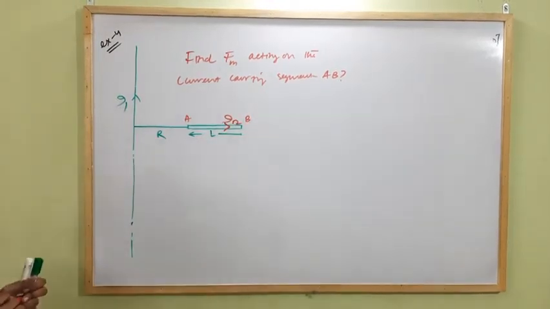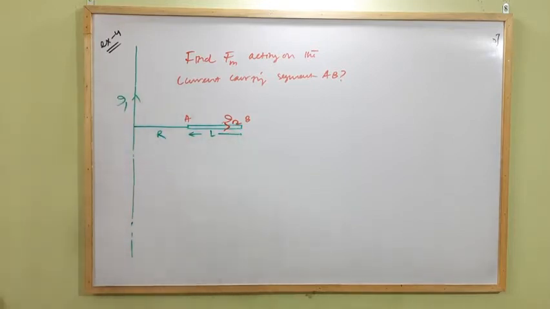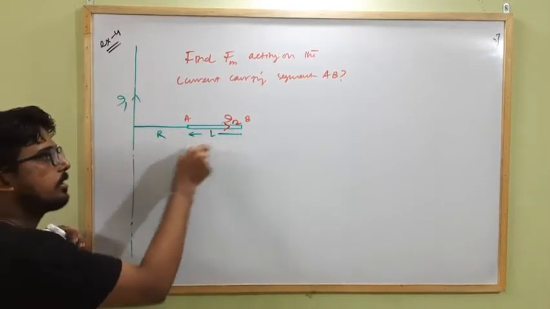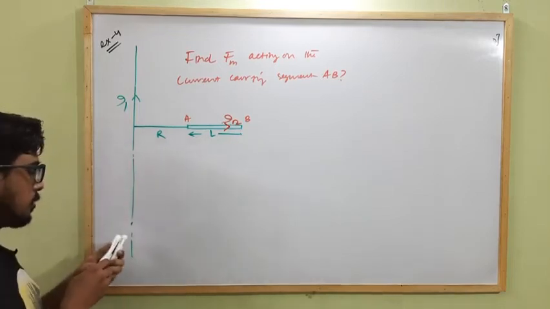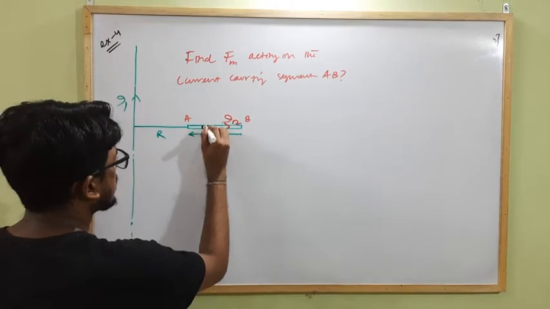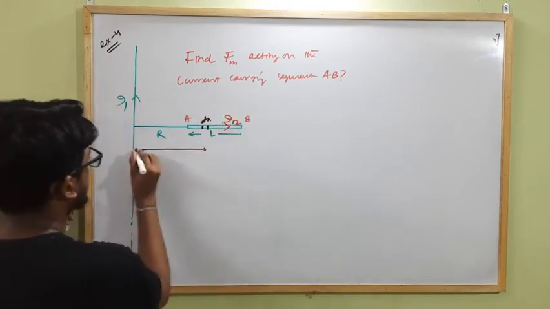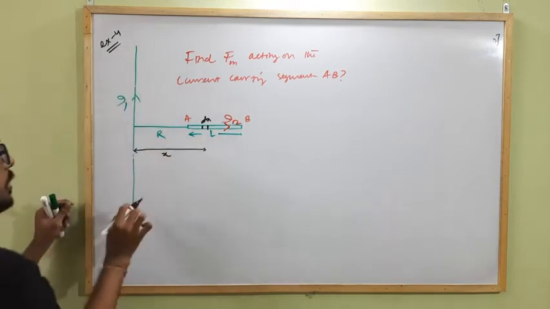So find the magnetic force acting on this segment AB due to this infinite current carrying conductor. As the magnetic field over here is different at different locations, first of all we have to assume a small portion of length dx which is at a distance x from this current carrying conductor.